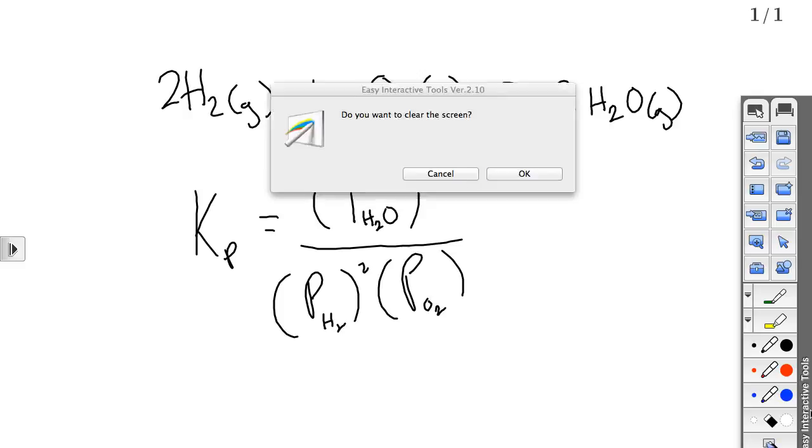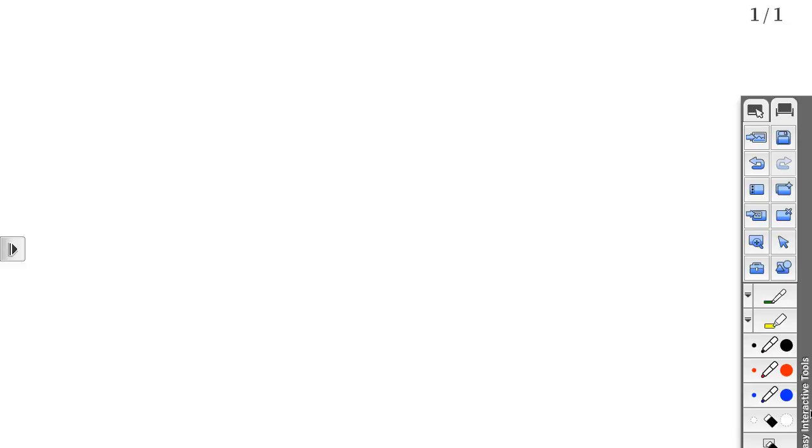Okay. So if I think about this being on a number line or something, and K is equal to 1, products divided by reactants is 1, so they would be the same, wouldn't they? Okay.